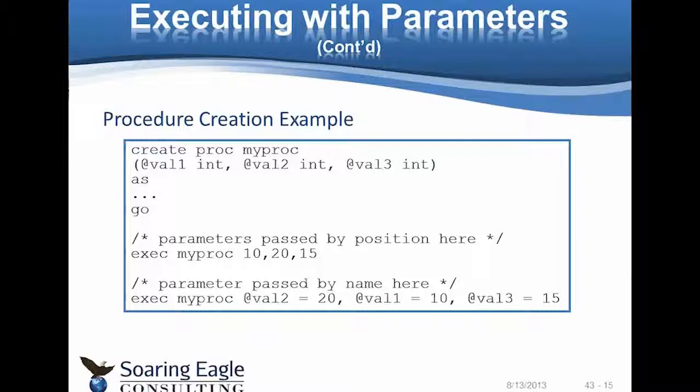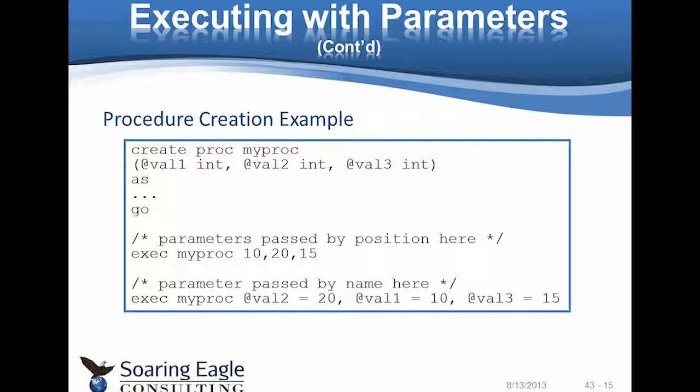In this example, I have a proc called myProc. There are 3 parameters, @val1, @val2, and @val3. In the first example, we're saying execute myProc 10, 20, 15. Because these are passed in sequence and positionally, the 10 goes to val1, the 20 goes to val2, and the 15 goes to val3.